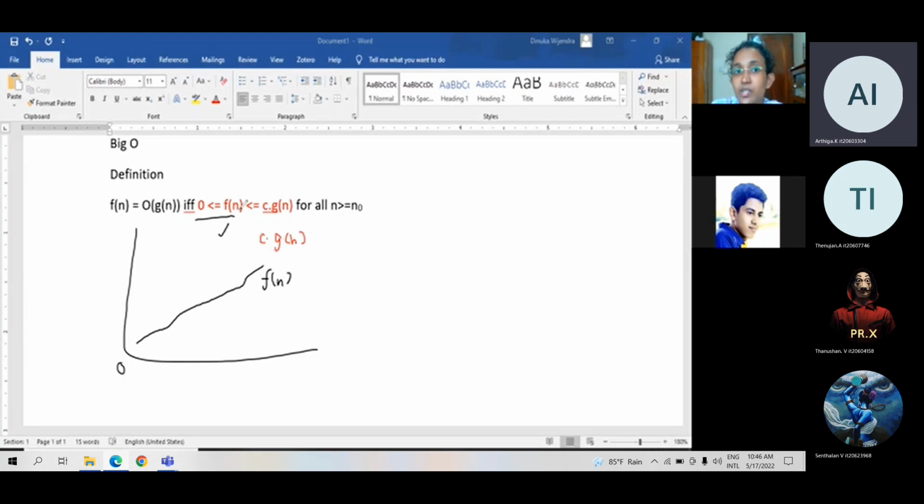And this multiplication should be greater than f(n). From here, this red color part is greater than the black color part. And that is happening after n0. This is n0, this is the n-axis. So when n is greater than or equal to n0, you know that c times g(n), the multiplication, becomes greater.